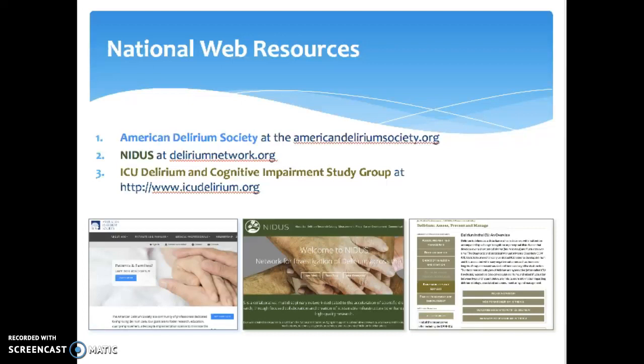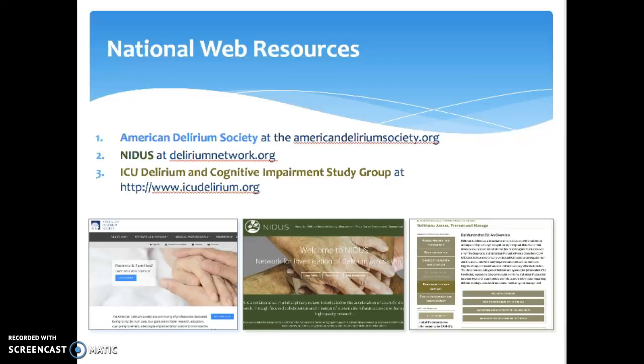This site is really interesting. It was started by the Vanderbilt University Medical Center and the Center of Health Services Research. They have what they call a standard bundle, the ABCDEF standard bundle, which is a collection of ICU measures.